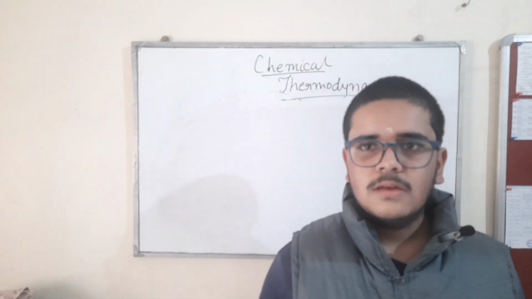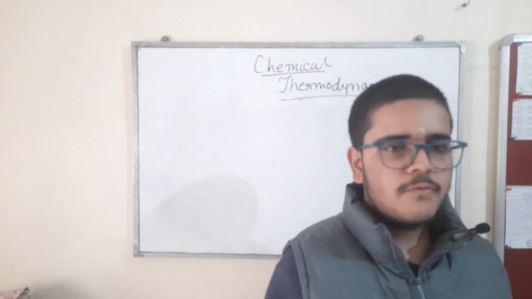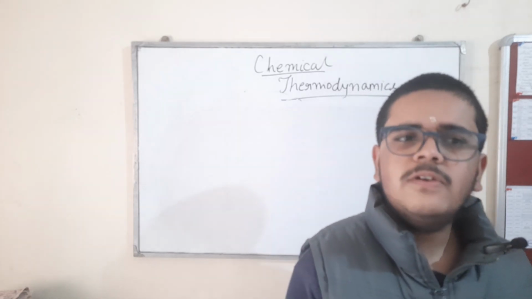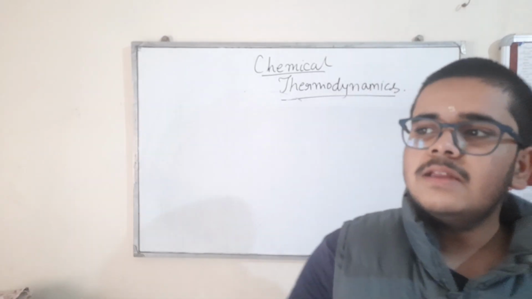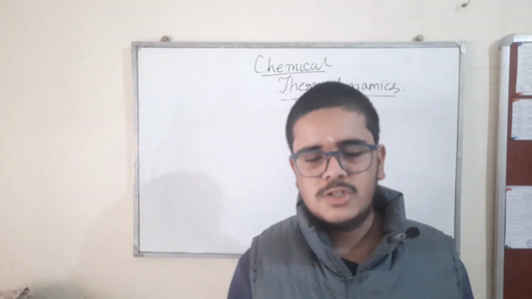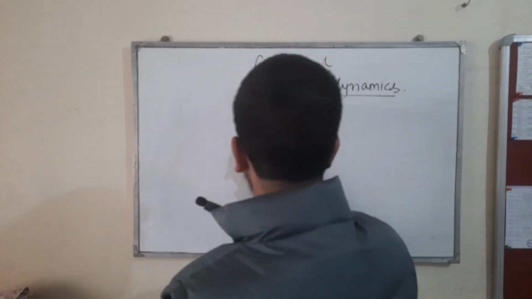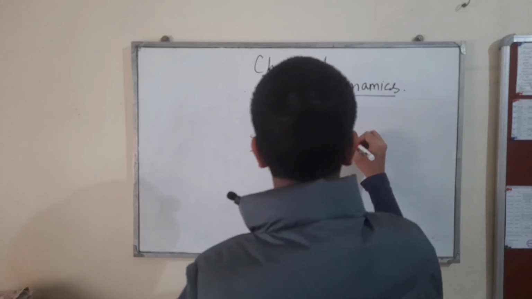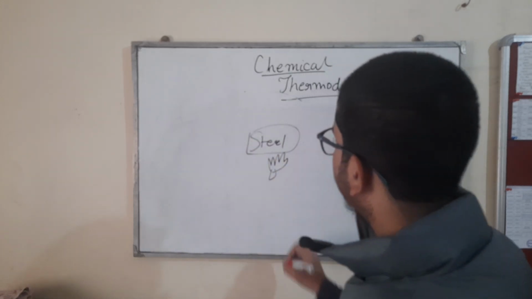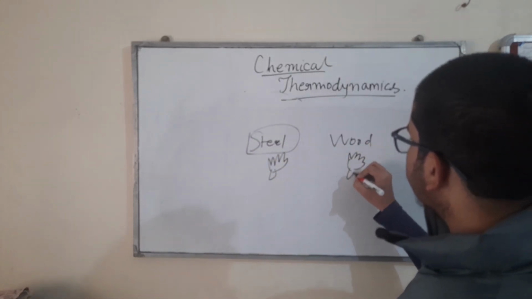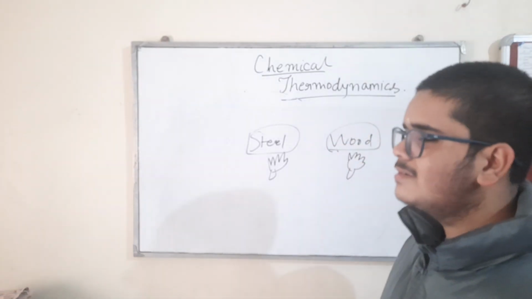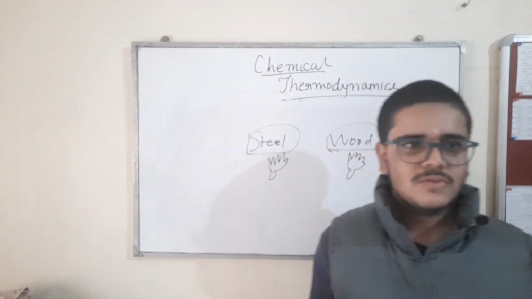You know that steel and wood, two things, are kept outside, and both of them have been kept outside for a considerable amount of time, so that they are in thermal equilibrium with the environment, which means both have a 5 degree temperature. Now, you take this steel and you take this wood. First, you touch this one with your hand, and then you touch this one. Okay? Which one will feel colder?